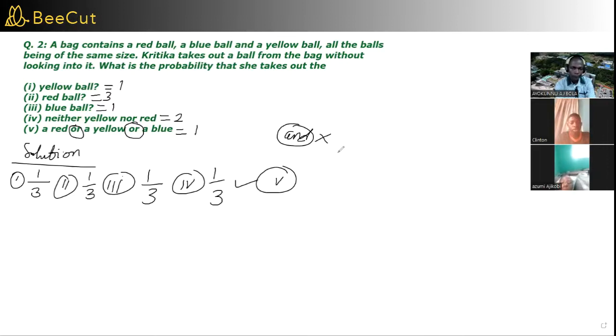Okay? So that means probability of red plus probability of yellow plus probability of blue. So that will be 1/3 plus 1/3 plus 1/3. It is certain he must pick any one of them, yes or no? Yes, sir. So that is 3/3, which is 1. So it's no longer a probability. It's certain that she's picking one, then she must pick any one of them. So that is how to solve that question.